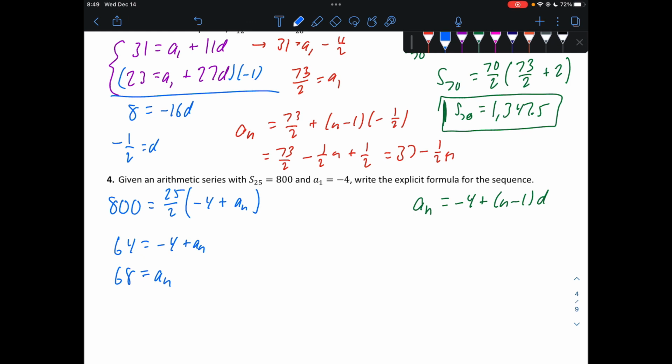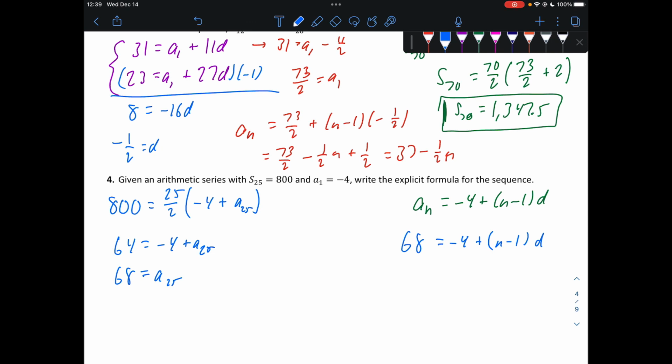All right, so now I can say 68 equals -4 plus n minus 1 times d as well. But let's remember what else we know. That 68 is the last term, and we're talking about having 25 terms here. So really, this a sub n is a sub 25.